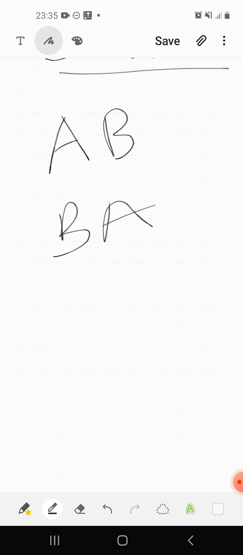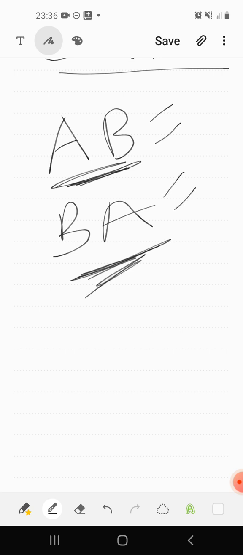When you are to multiply matrix A by B, matrix A multiplying B is different from matrix B multiplying A. When you solve this one, you get a different answer, and when you solve the other, you get a different answer. So don't interchange them.